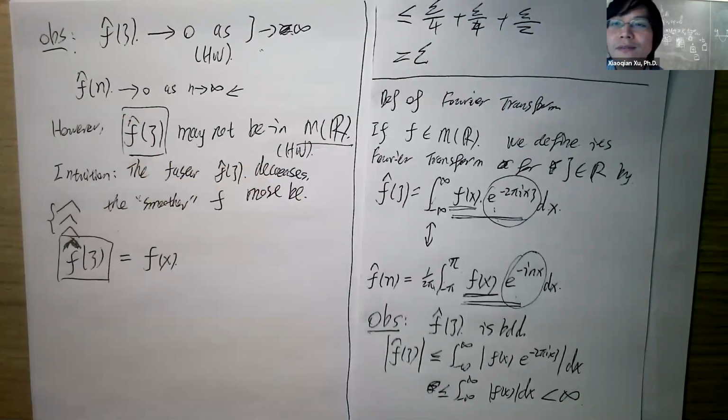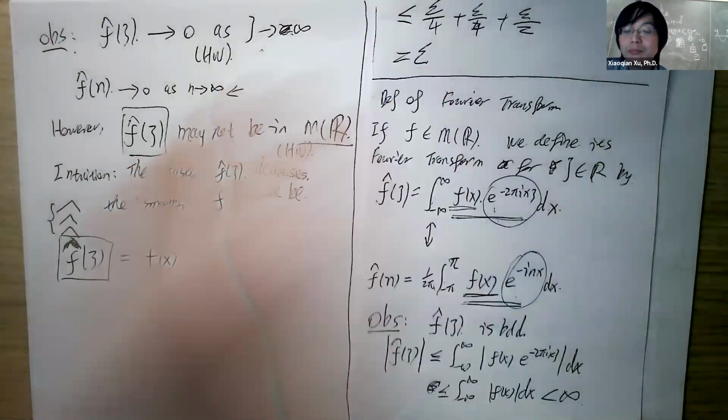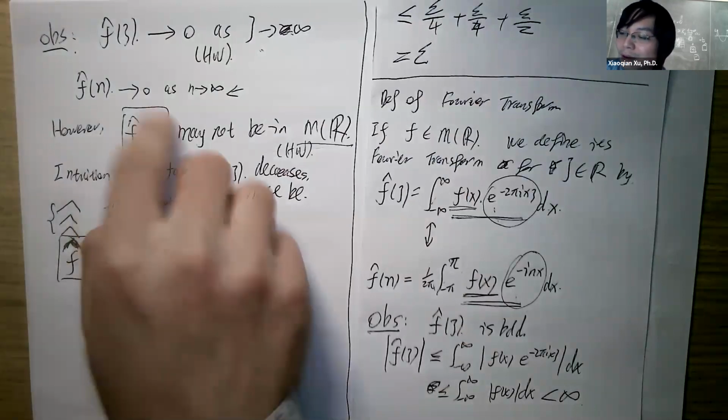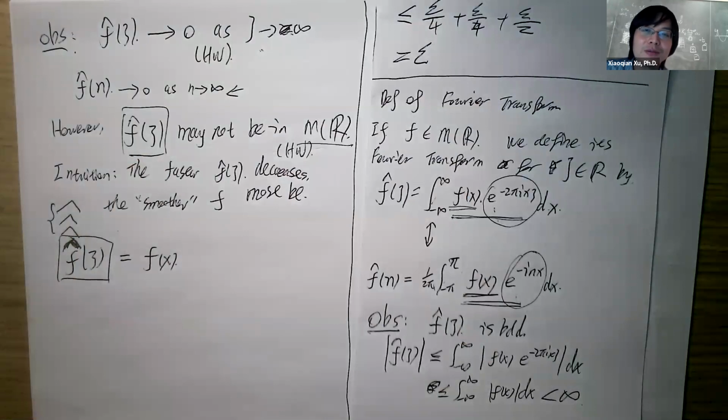Is it twice differentiable? It may not be. If you try to look at it, you'll find that it may not be twice differentiable. What you need is something else. You may need something a little bit more than the condition you previously described for your function, if you want the Fourier transform of your function to be twice differentiable.